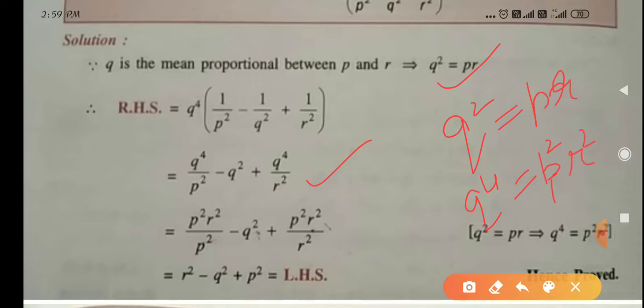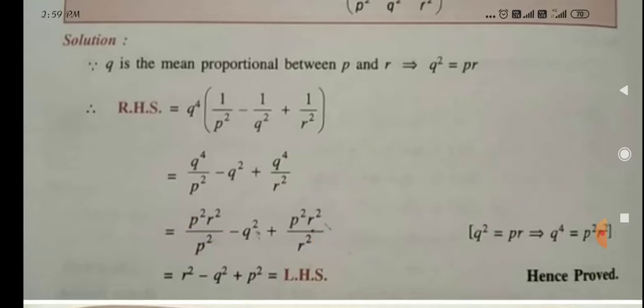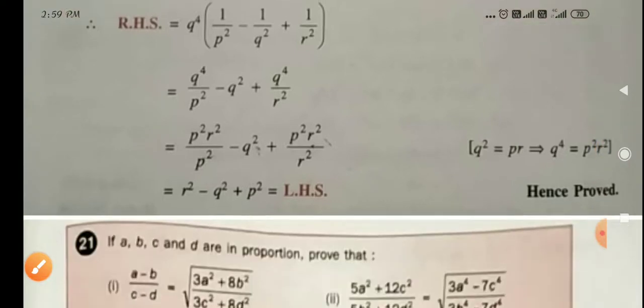So they are putting in place of Q⁴, P²R² upon P² minus Q² plus P²R² upon R². Simplify it, P² cancelled, here R² cancelled. So you are getting R² − Q² + P², that is LHS. So like this students you can solve the questions.